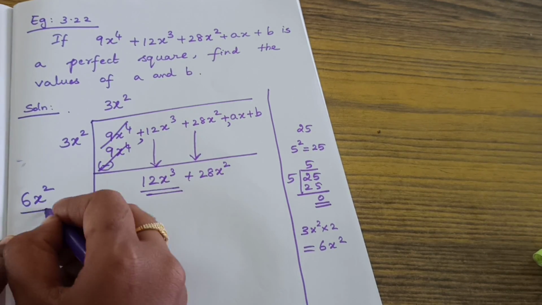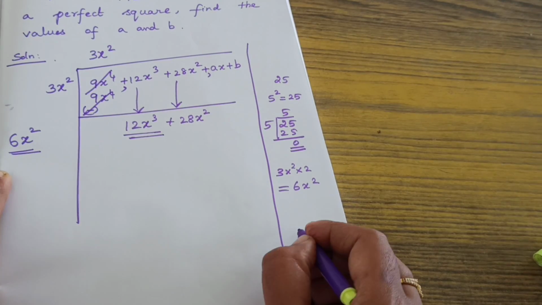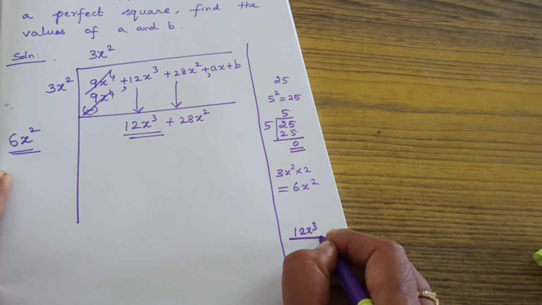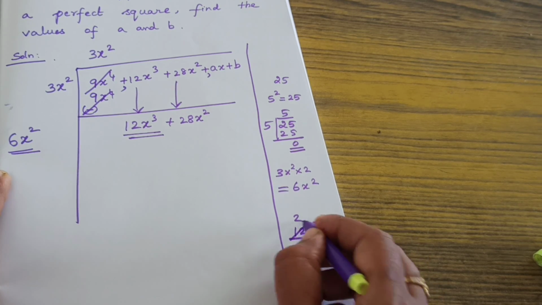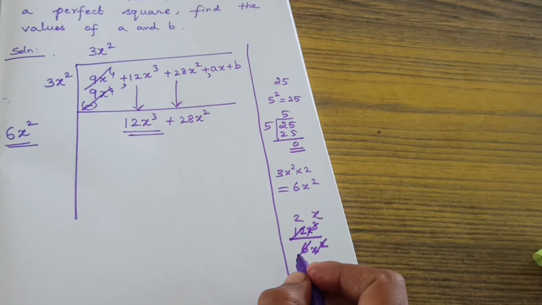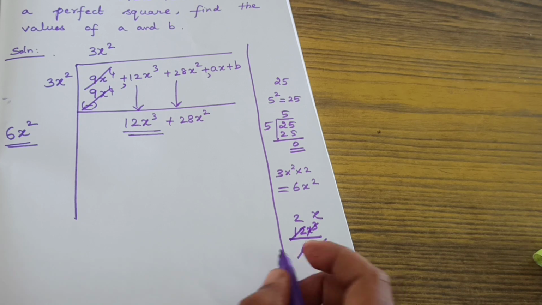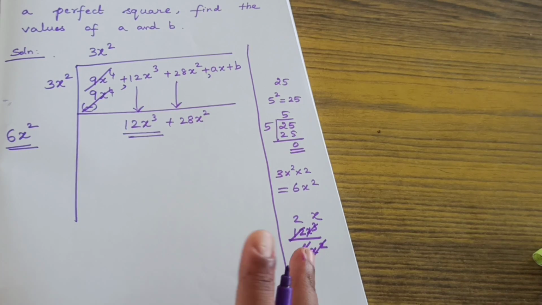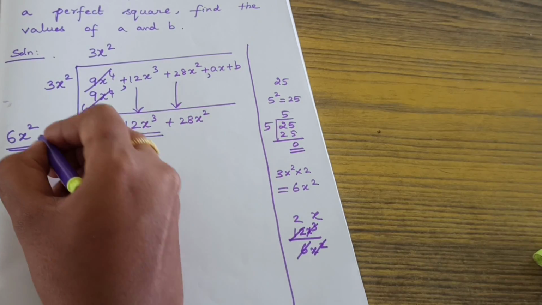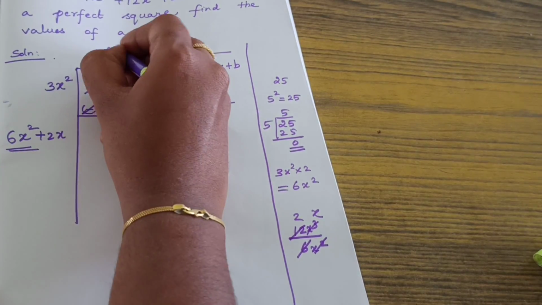The first term divided by first term. So 12x cube by 6x square. So 6 and 12 get cancelled, 2, here 1x. So what is the answer? 2x. And this answer you want to write in 2 places. Where? Here and here.